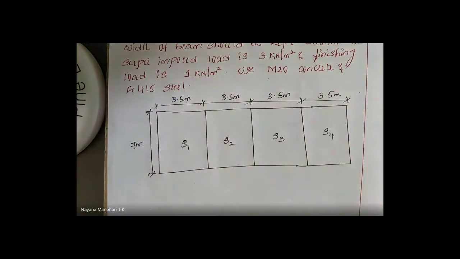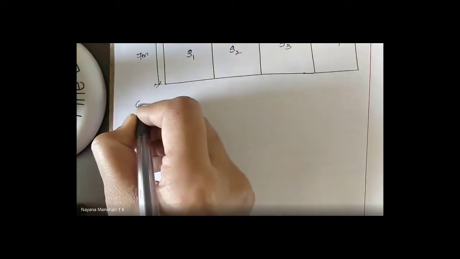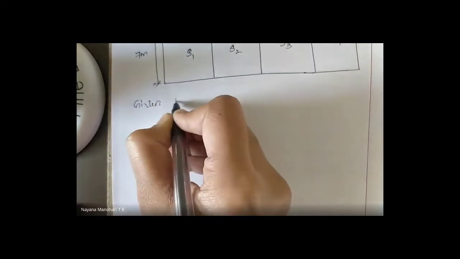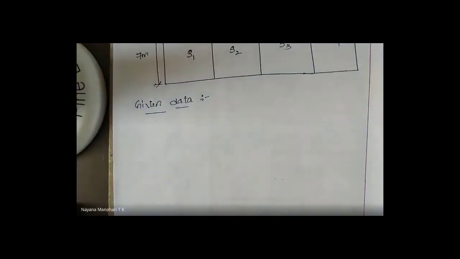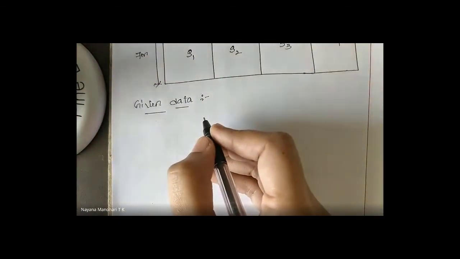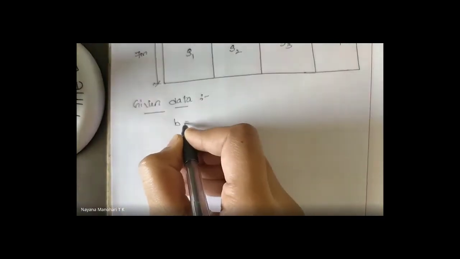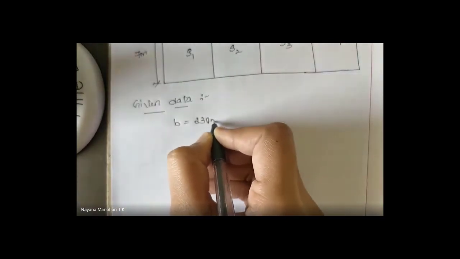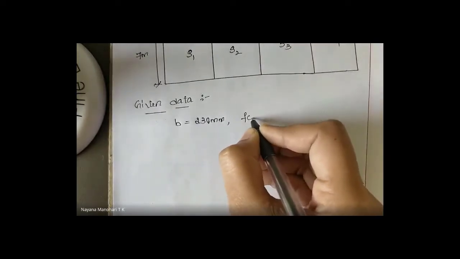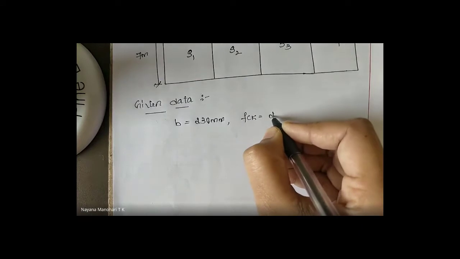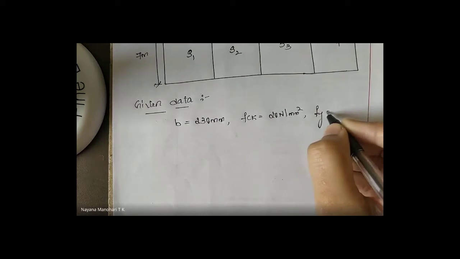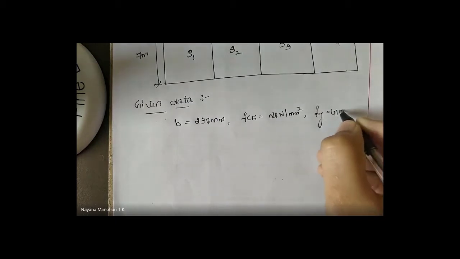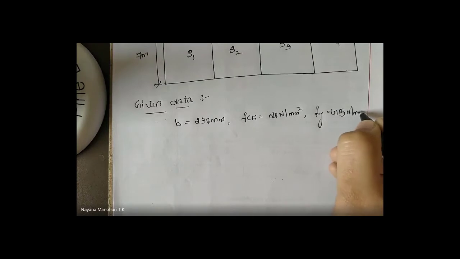First, write down the given data. What are all the data they have given? Width of support they have given, that is 230 mm. The grade of concrete they have given, fck value, is 20 Newton per mm square. And fy for the steel they have given, that is 415 Newton per mm square.